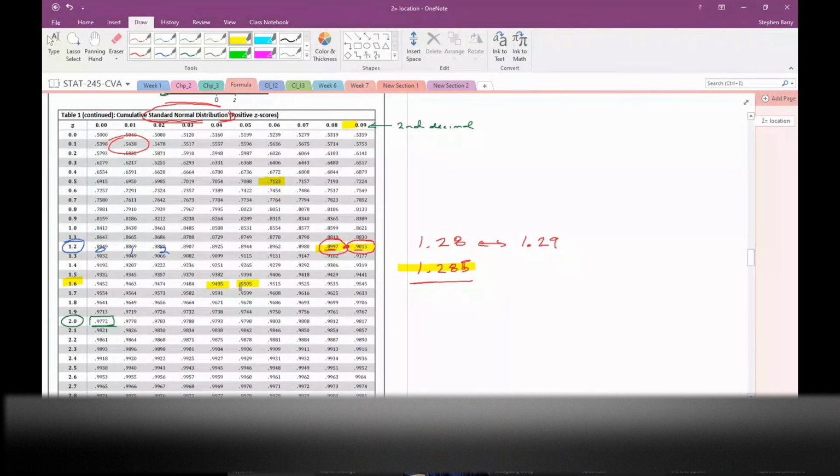And then you can hunt down your last digit. Let's split these in half. So in other words, I would say a Z score, sorry, Z score critical at 0.05 is 1.645.